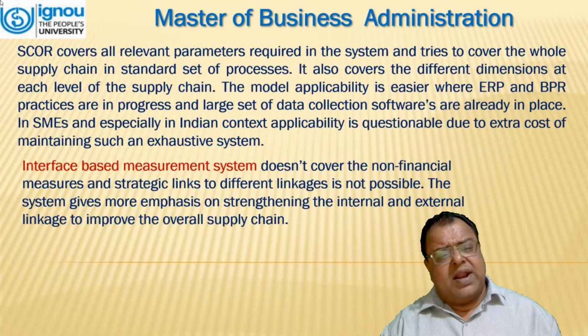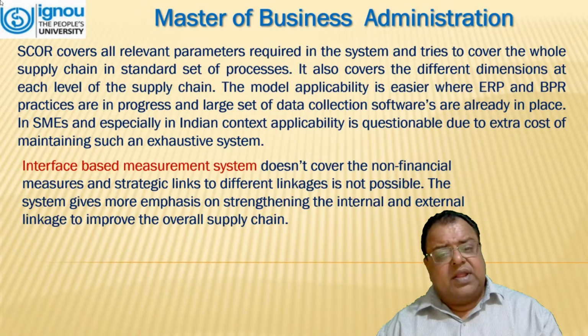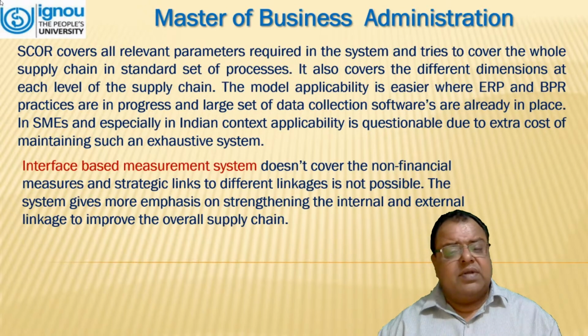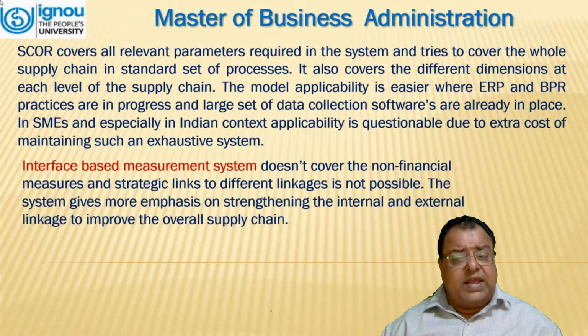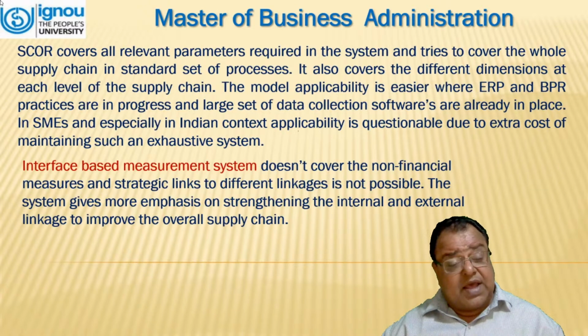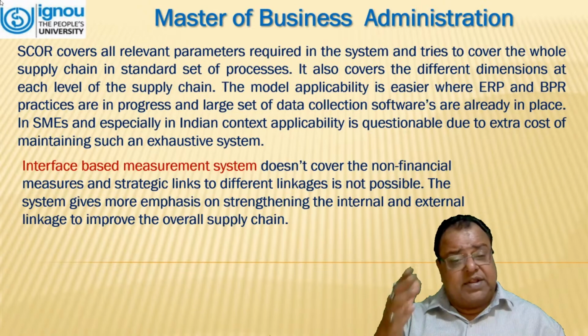SCOR covers all relevant parameters required in the system and tries to cover the whole supply chain in a standard set of processes. It also covers the different dimensions at each level of supply. The model's applicability is easier where ERP and BPR practices are in progress, and large sets of data collection software are already in place.